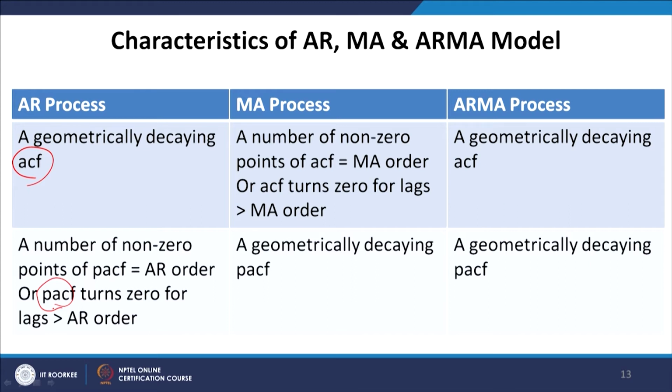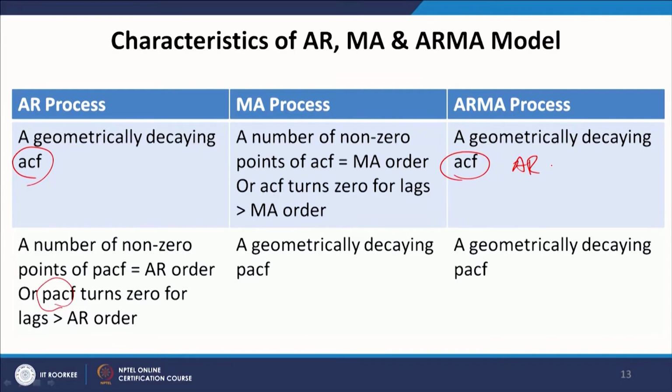So, if an MA process has only 2 orders, then after 2 lags the ACF is going to be equal to 0. So, it gets truncated at lag 2, while an AR process even with 1 lag will have a geometrically decaying ACF. And for an ARMA process, we will have a geometrically decaying ACF, because in the case of ACF the AR model will dominate, right.